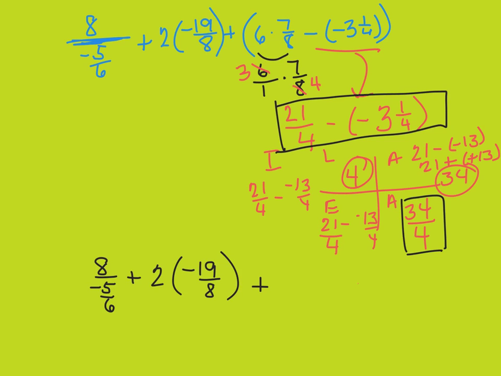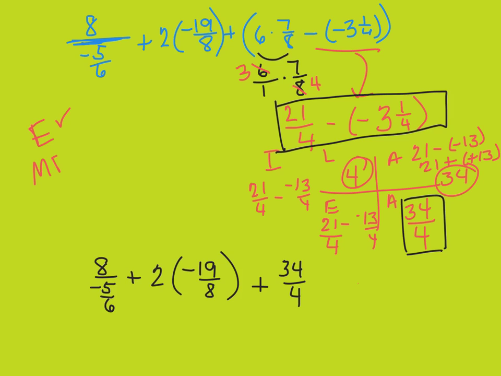So I'm going to bring that right over here. 34 fourths. So I am finally now done with the parentheses. I next am going to go to exponents. There are no exponents, so that's all done.